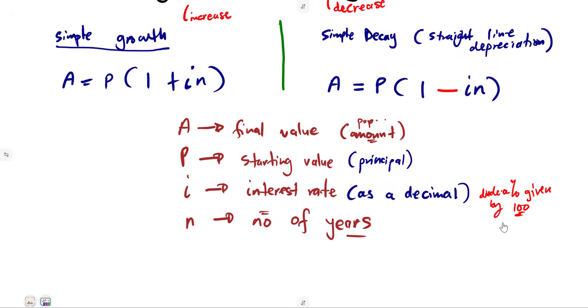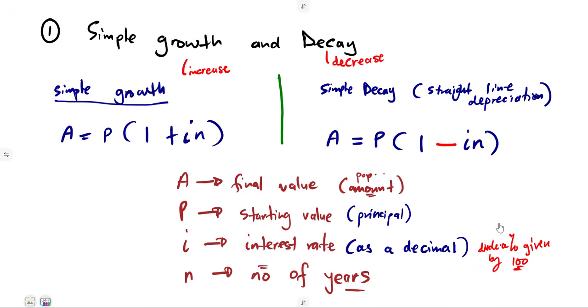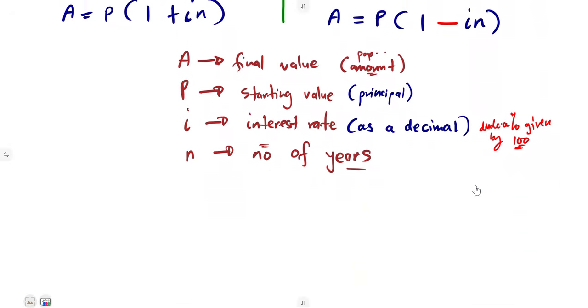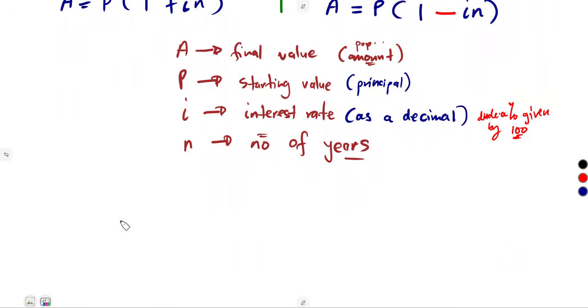This is the same thing that we are going to have when we are dealing with compound growth or decay, as we had in those formulas before. So here, let us just have number 2. That's for compound.